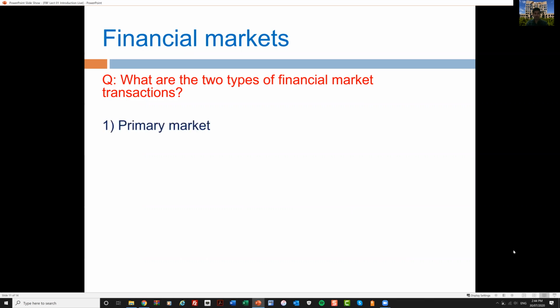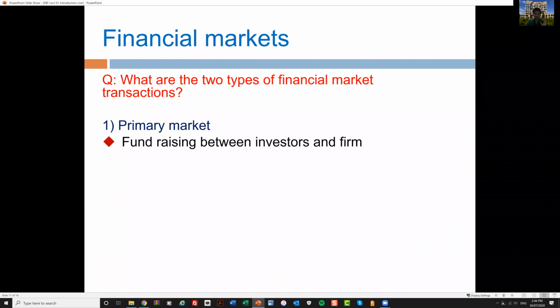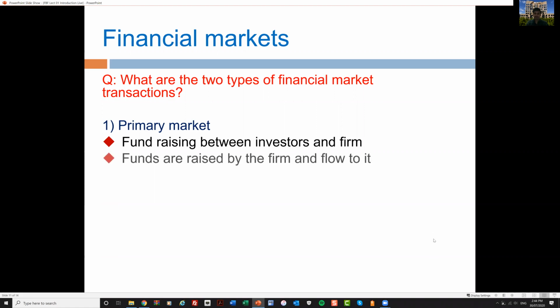So with the primary market transactions, these are transactions between investors and companies like Qantas, Facebook, Apple, and so forth. Primary market transactions are transactions where a company can raise money to fund its operations.